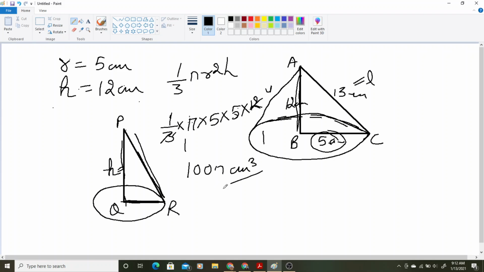If you put the value of π as 3.14, you will get 314 centimeter cube.